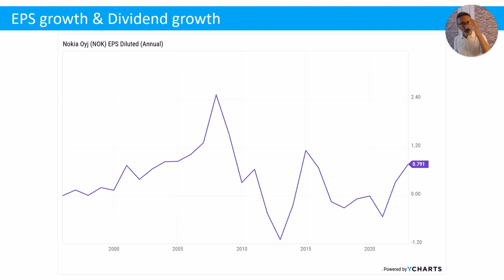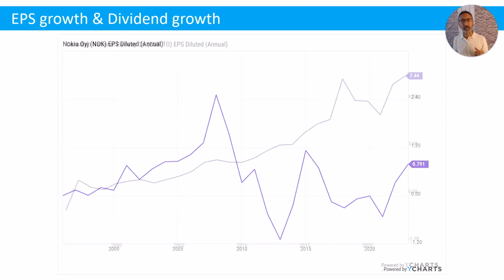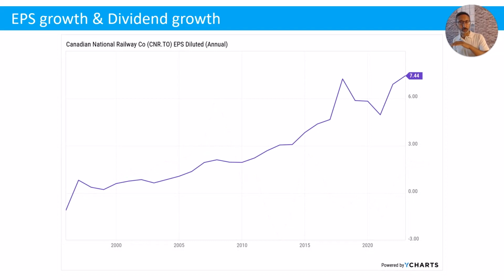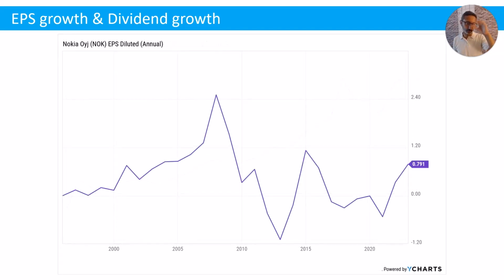And remember, when the earnings are down, the company is under a lot of pressure to cut the dividend. And as dividend investors, we don't want to see the dividend get cut. So better to focus on companies that have a track record of growing their earnings versus just up and down all the time.